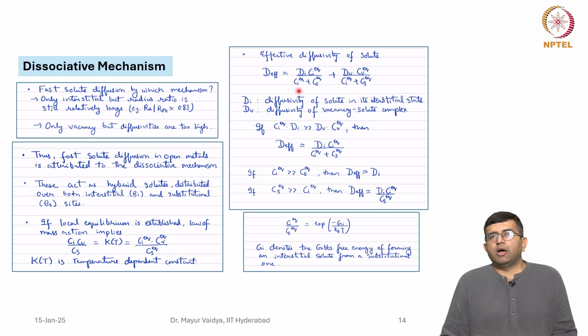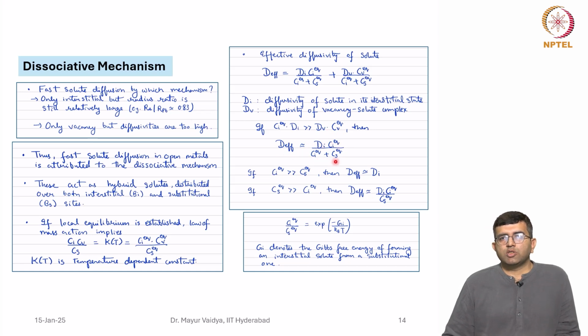Here Di and Dv are the diffusivity of the solute in its interstitial state and of the vacancy solute complex. If this product Ci equilibrium into Di is much greater than Dv into Cv equilibrium, then basically D effective can be written as Di into Ci equilibrium divided by Ci equilibrium plus Cs equilibrium. Remember, Ci equilibrium and Cs equilibrium denote the equilibrium concentration of the solutes on interstitial and substitutional sites.